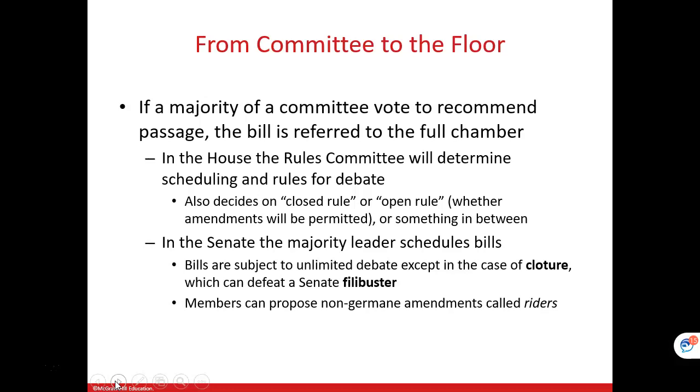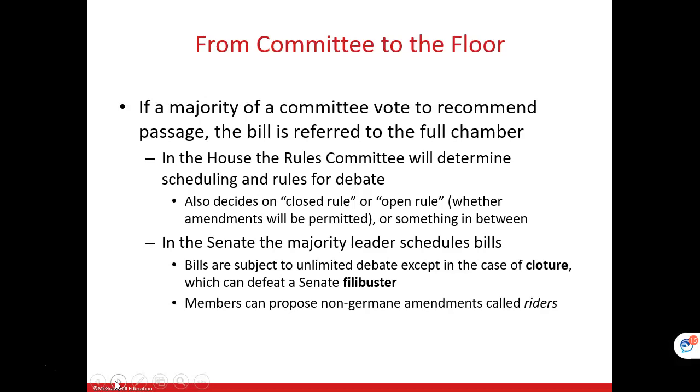We talked about the filibuster. We talked about the cloture, which at this point has really gone away because you just have to have a majority to end a filibuster. You can add riders to bills.